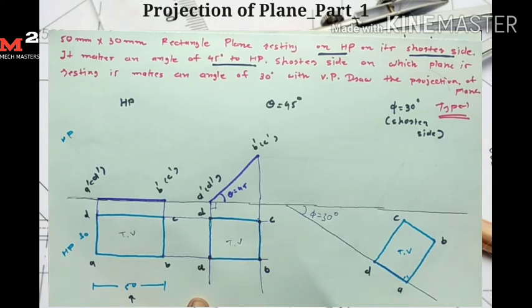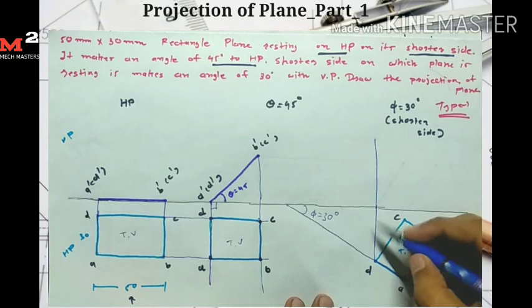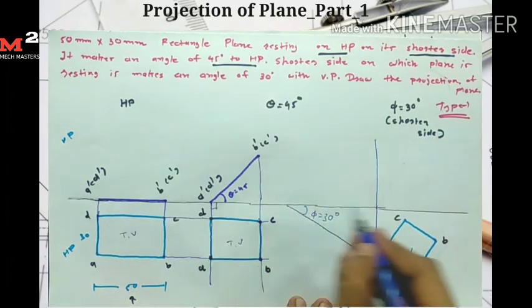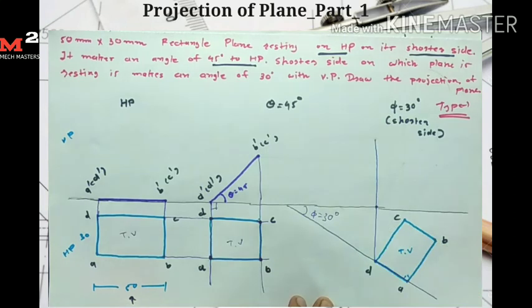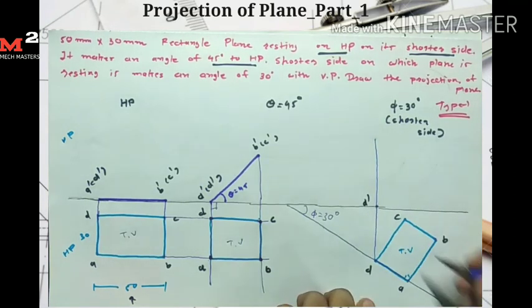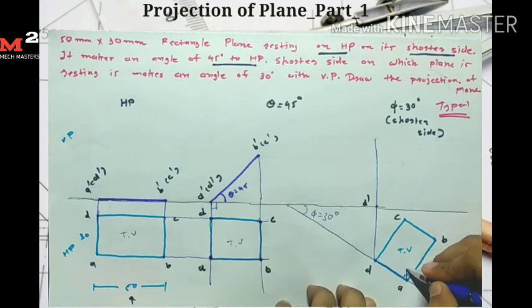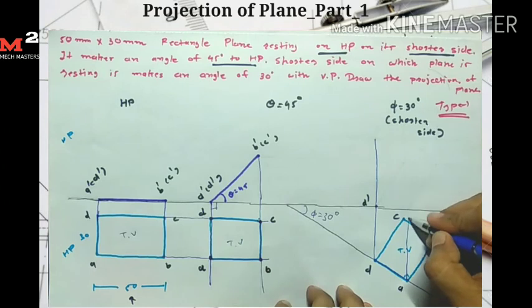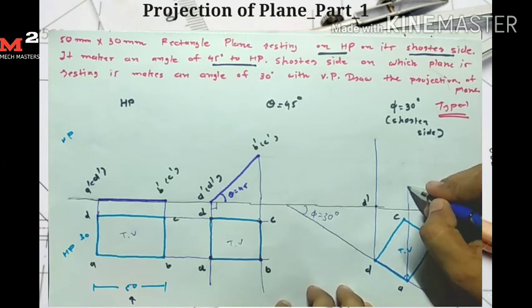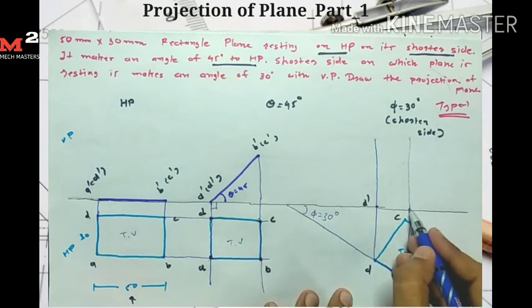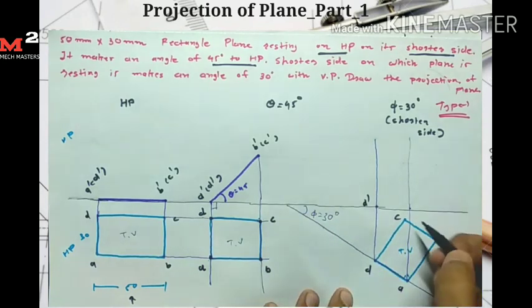Now for drawing the front view, I simply take the projection here. For D point I take projection from here and projection from here, so here I get my point D dash. Now for A point I take the projection from here and from here, so here I get my A dash point.